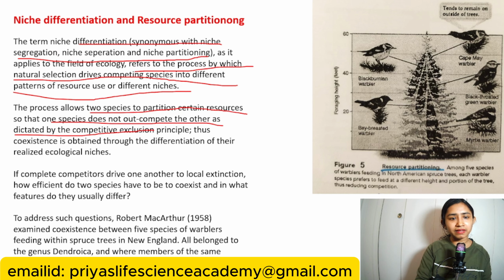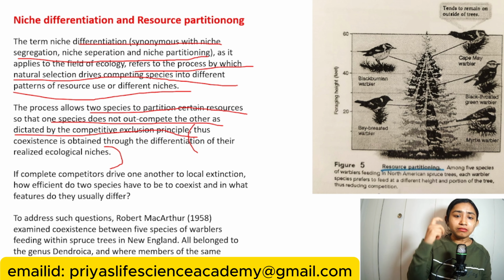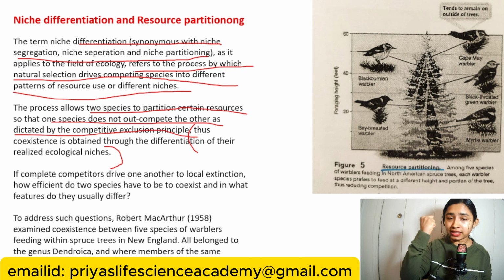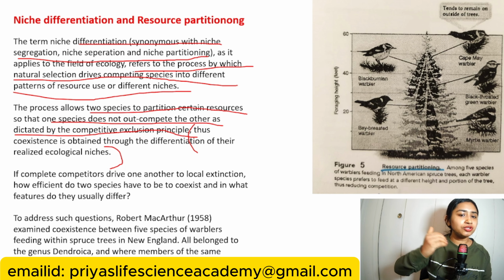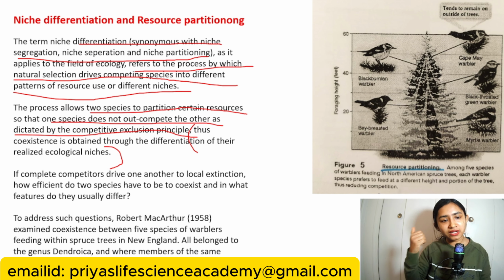One species will not make the other extinct. Thus, coexistence is obtained through the differentiation of their realized ecological niche. So if two niches are similar, we need to partition the niches in order to avoid extinction.